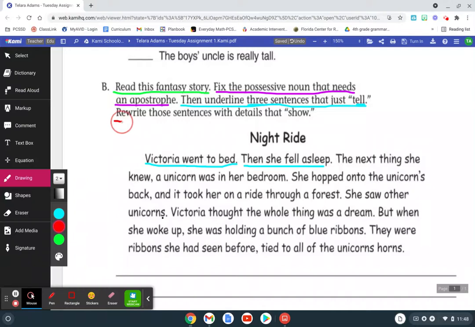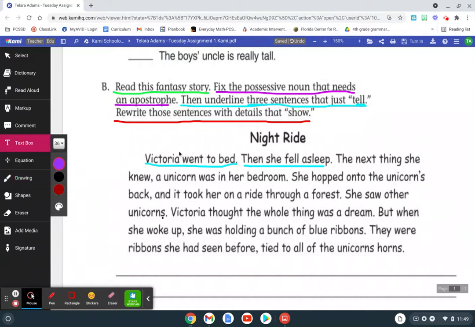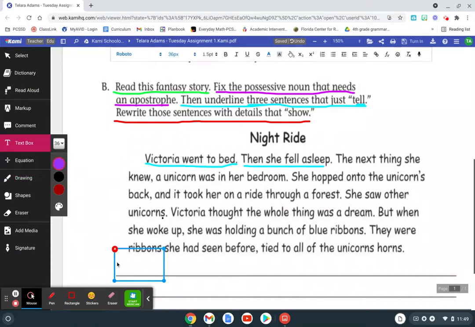Finally, we are going to rewrite those sentences with details that show. We are going to rewrite those sentences, the three sentences that we underlined, with details that show. Let's do our first sentence together. Victoria went to bed. To show it, we want to explain or elaborate on how she went to bed.